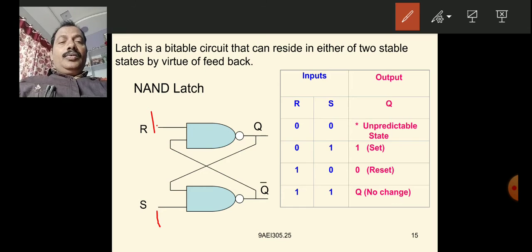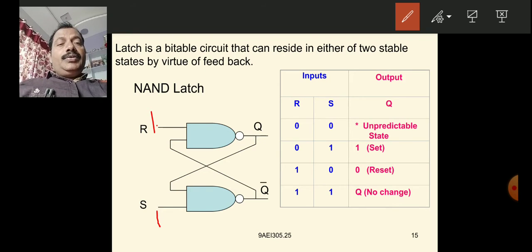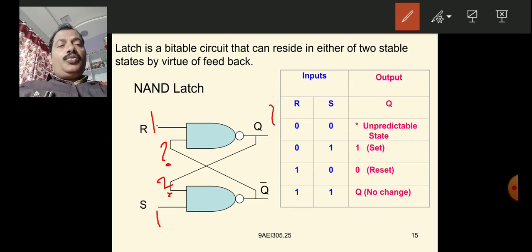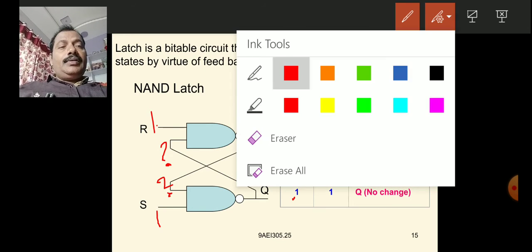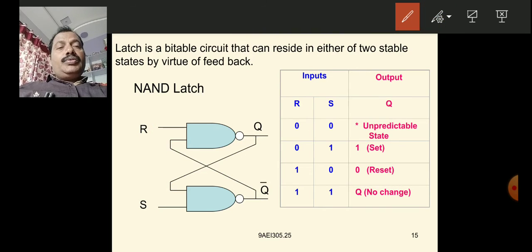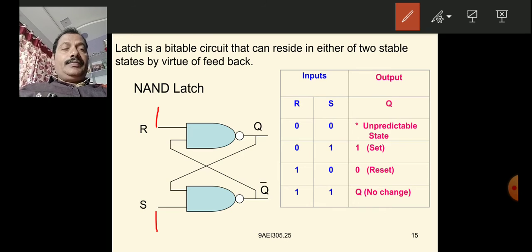Then the other input must be known, because here you don't know the input, here also you don't know the inputs. Both are unknown. So you cannot say the outputs. That is the problem here.